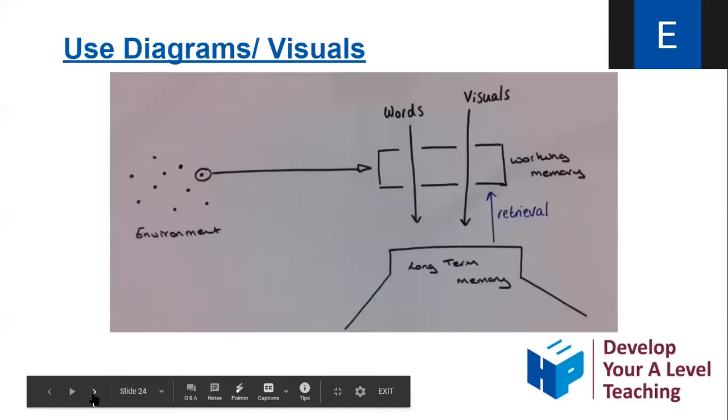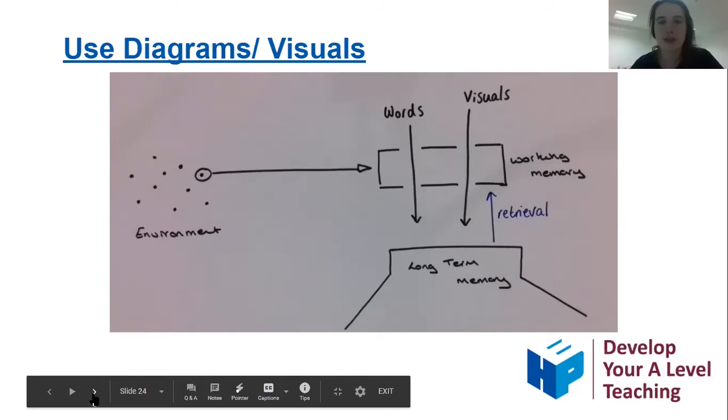By using diagrams, it's easy to draw people's attention to key things. So using that idea of dual coding, it would have been much more difficult for me to explain the principle behind dual coding without this diagram, or if I had used words instead of the diagram. There's a phrase, a picture tells 1,000 words, and I think that really helps to understand why dual coding is really useful.